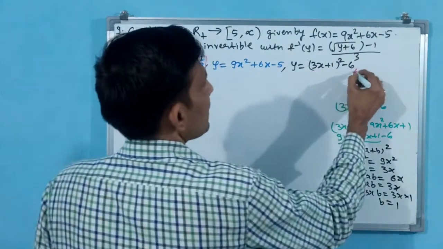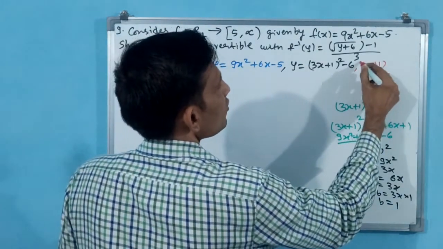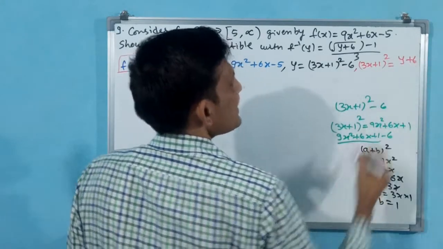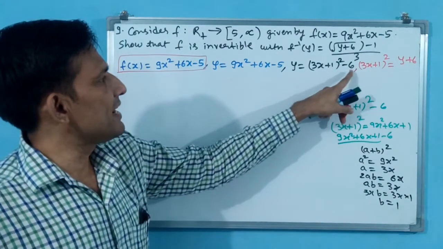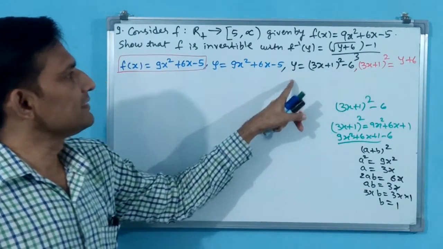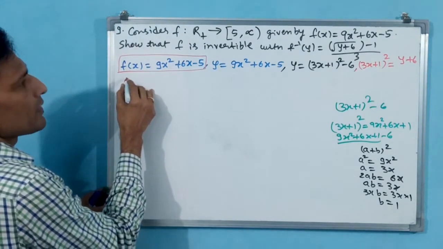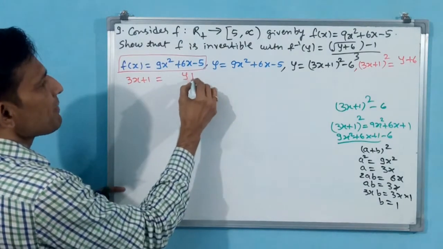Okay. Now 3x plus 1 whole square is equal to y plus 6. Is it correct? 3x plus 1 whole square you have kept on this side and 6 you have sent to this side. Now you write again: 3x plus 1 is equal to under root of y plus 6.